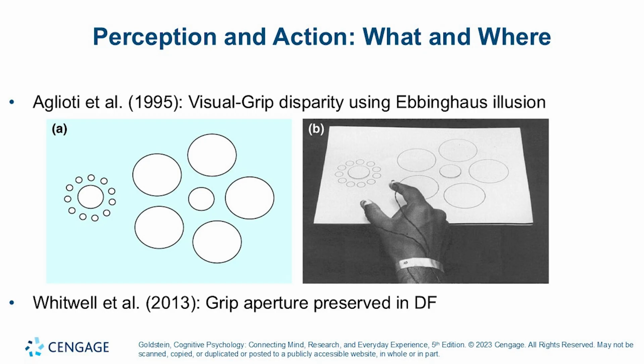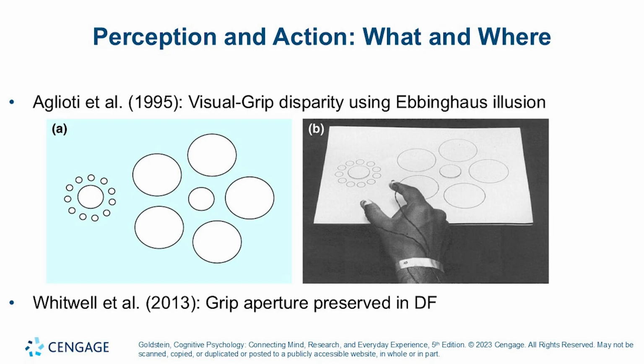So if you look at the central circles, chances are you will think that the one on the left is bigger than the one on the right, even though they're identically sized, and it's the objects that are surrounding it that are producing this illusion.